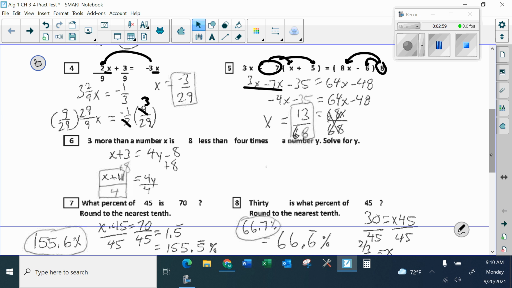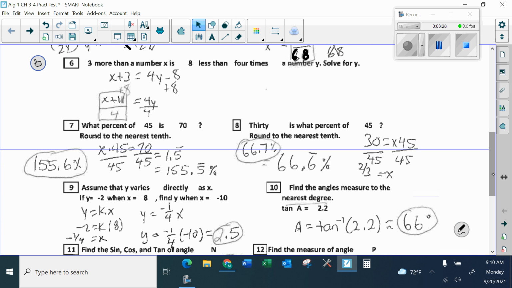I look at where the smaller coefficient is, that's -4, so I'm adding that across to make it 68x, which means the constant is going to the other side, adding 48 across. 48 minus 35 is 13 equals 68x. And then the last step is divide by 68. If that reduced, I would reduce, but it does not. So I just leave it as 13 over 68.